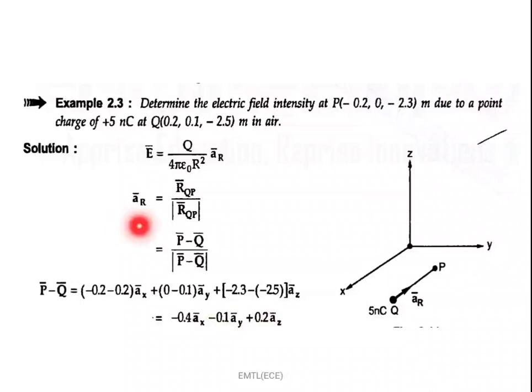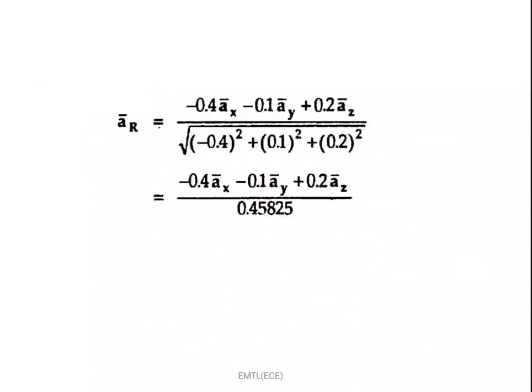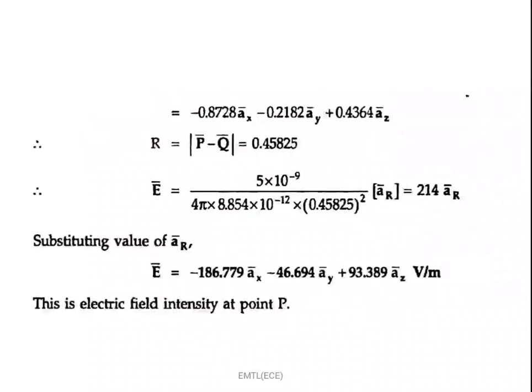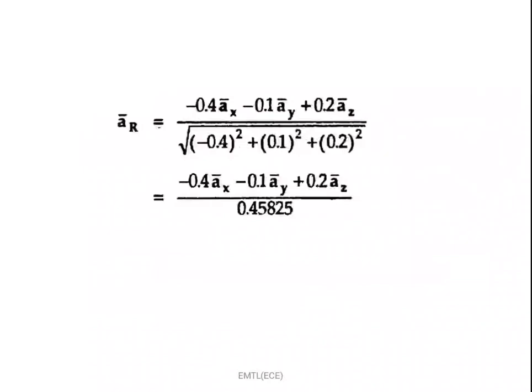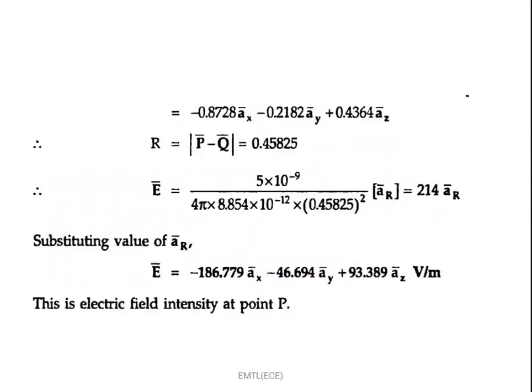Next, as the formula of unit vector, AR bar is equal to R bar by mod of R bar. So we have to find the mod of R bar, that is the square root of minus 0.4 whole square plus 0.1 whole square plus 0.2 whole square.